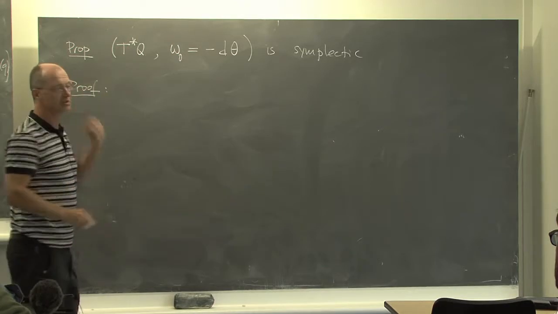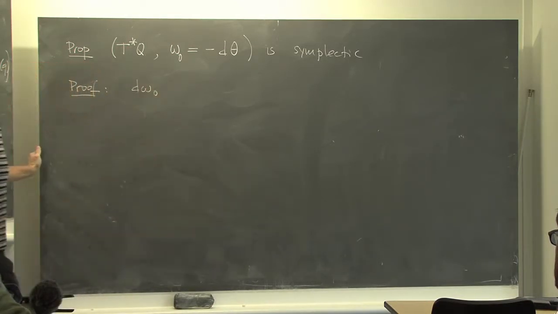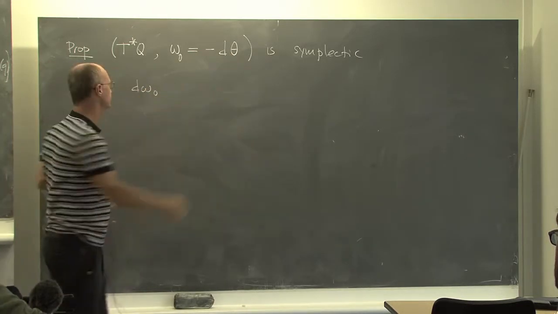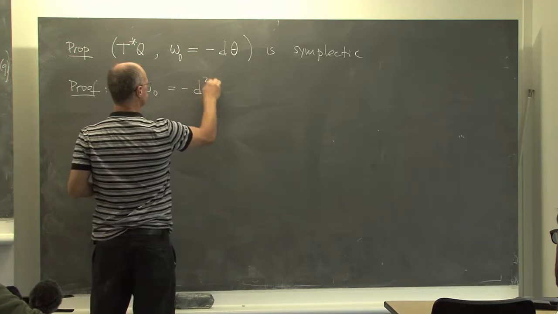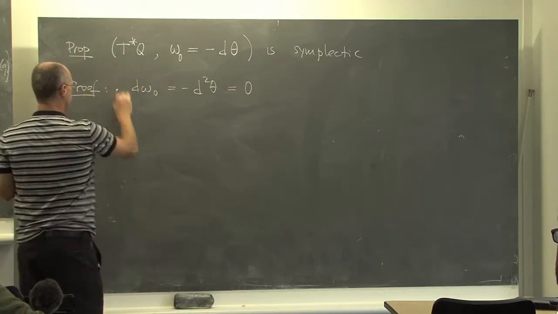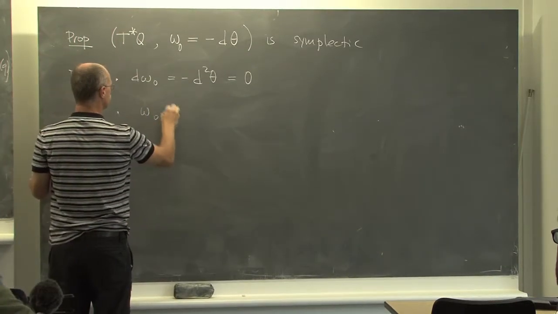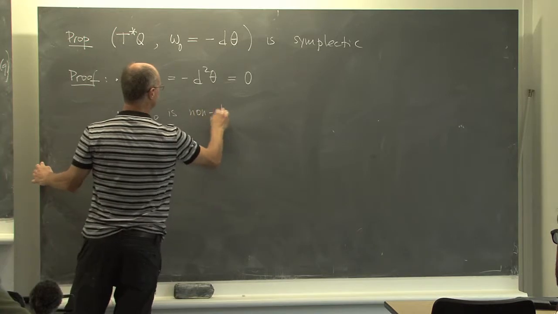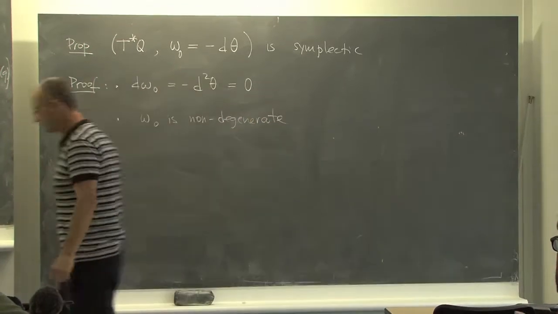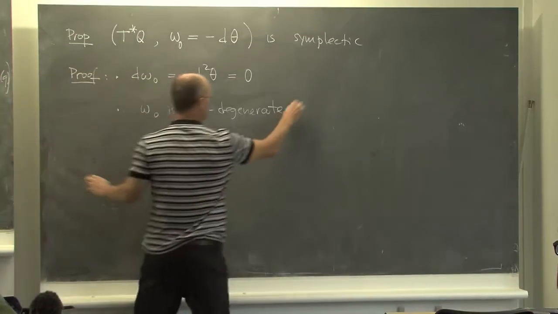We need to check two conditions. The first condition is that d omega is 0. This is obvious because omega was defined as d of something. But now there is this other condition, that omega is non-degenerate. And here the proof is as follows.